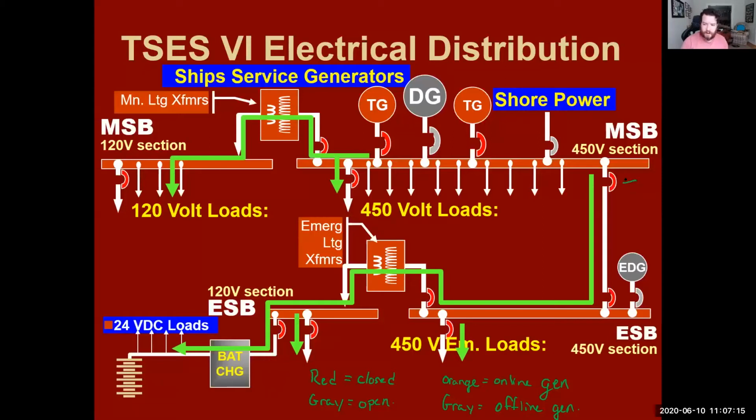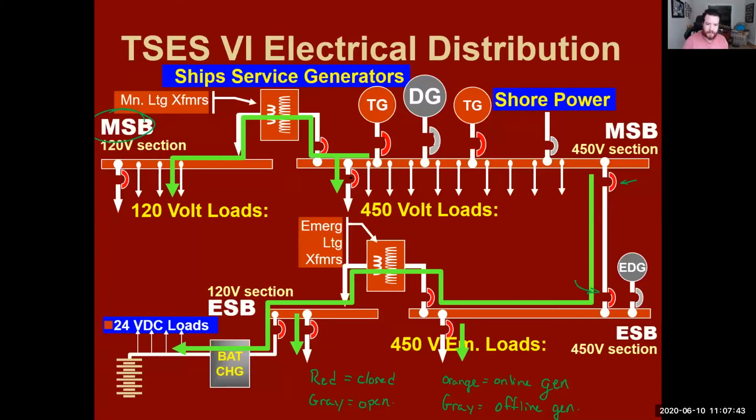Both of our switches right there are going to be closed because we are going to be sending power through our emergency switchboard. This is important because we will not have doubled up power. So your emergency lights aren't going to be getting fed off of this main switchboard 120 volt section during normal operation.